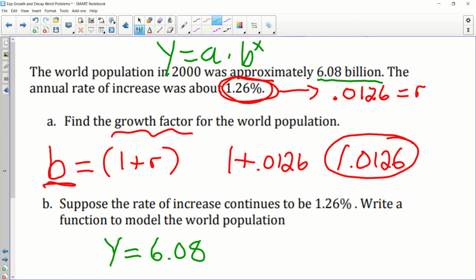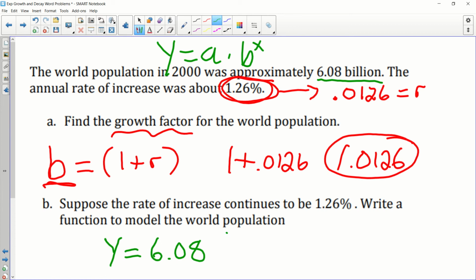We just need to remember at the end, we're referring to billions of people. You can, if you want to, change this into 6,080,000,000, but that is going to make it a little more complex for you as you write these things out. So if we can abbreviate it to 6.08 billion, that'll help us in the long run.